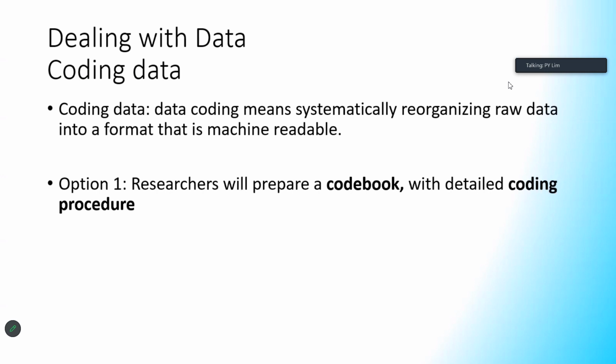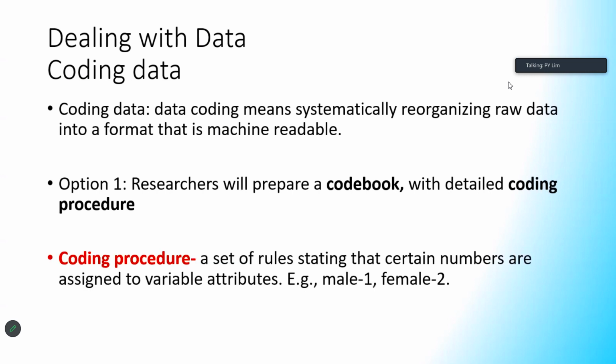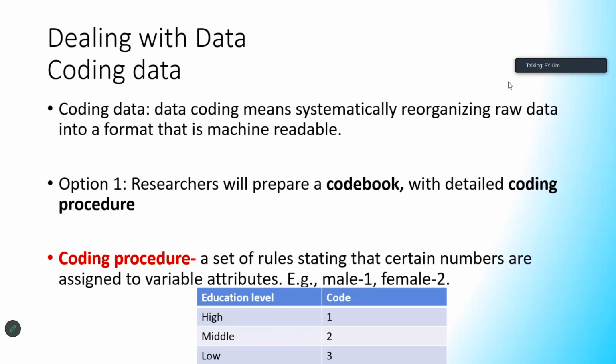Coding the data means you need to prepare a code book with the detailed coding procedure. It doesn't need to be a physical book. You can put it in Excel or Notepad, whatever, or even not, but make sure SPSS states it clearly, like 1 equals female, 2 equals male.